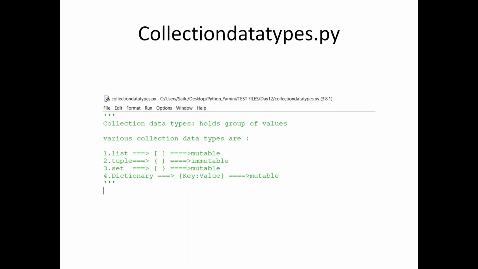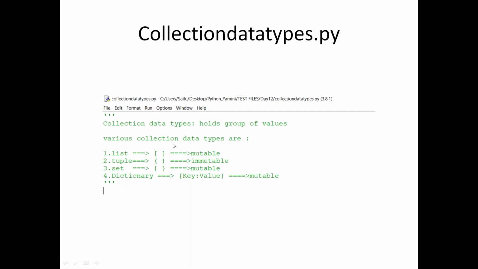If I am holding 10, 20, 30, 40, they need not all be integers. It can be heterogeneous: one value can be an integer, another a boolean, another a float, another a string. So heterogeneous values you can also store. We'll discuss in detail one by one.